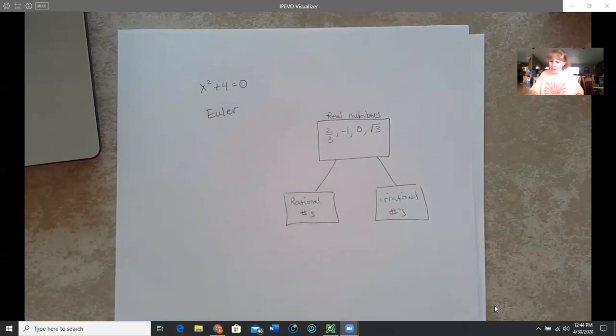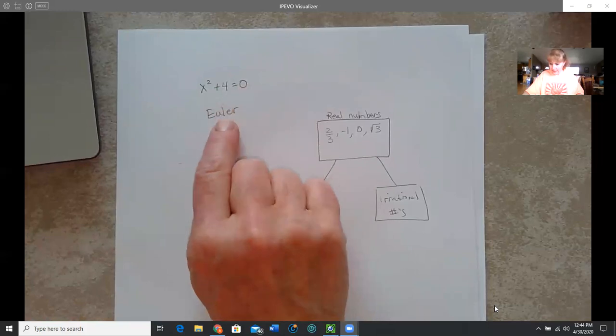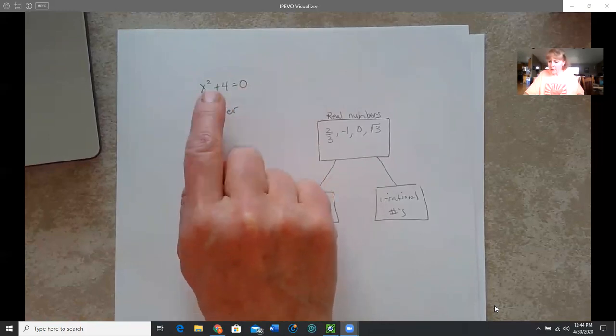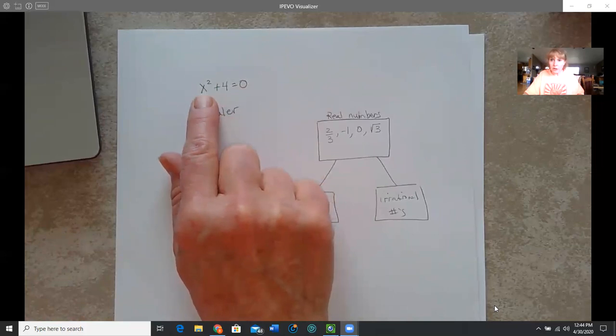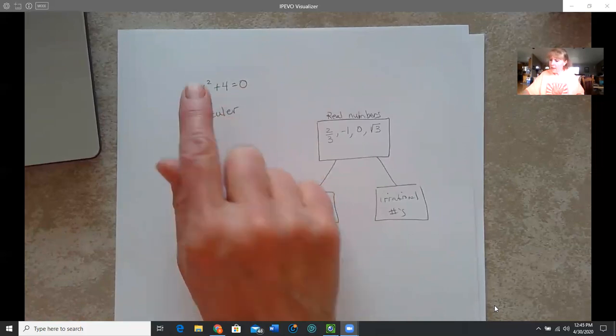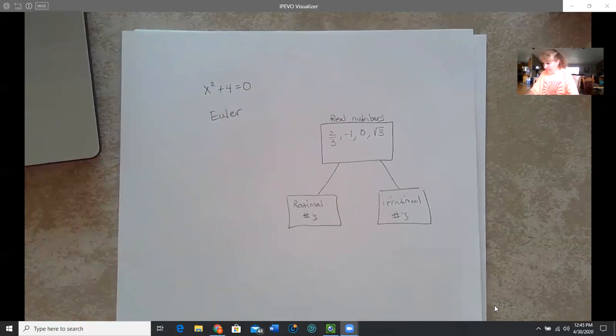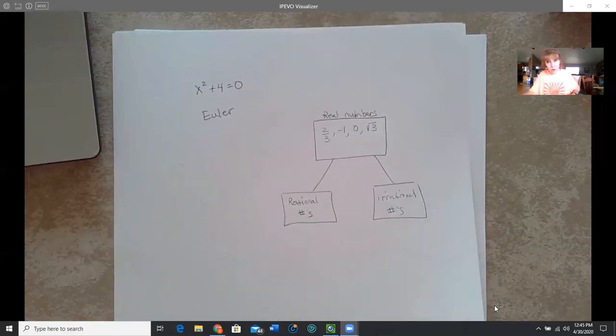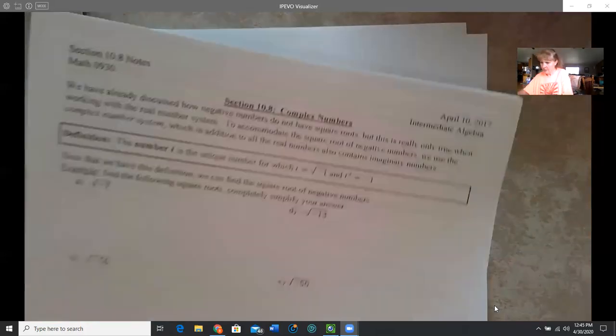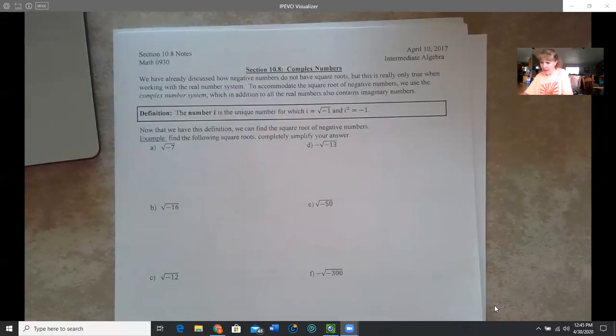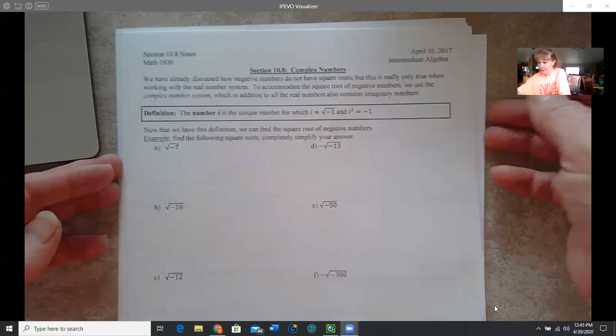So what we're going to do is we're going to talk about this special number that Euler has that allows us to solve this equation to come up with an answer that we weren't able to before. So let's go ahead and let's look at our number that we have. Let's go to the notes now.